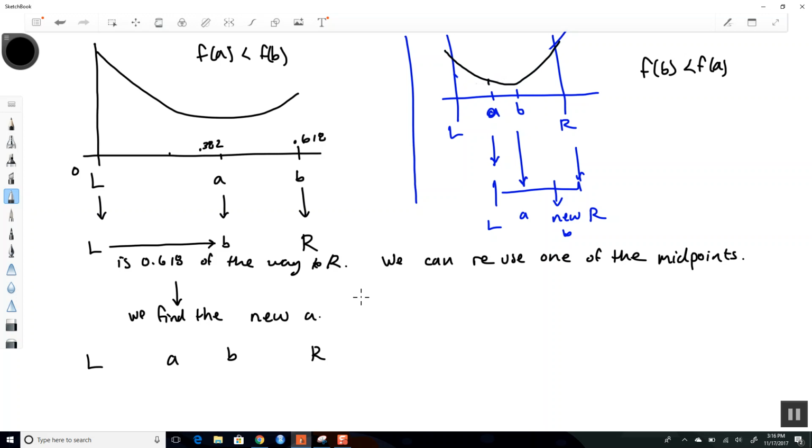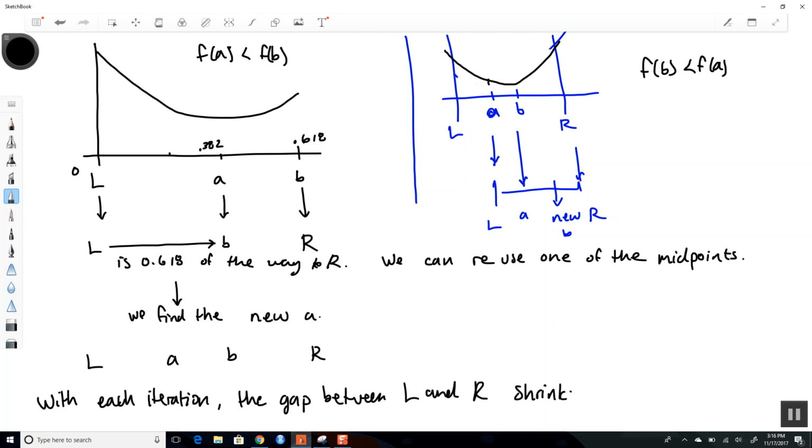And then with each iteration, the gap between L and R shrinks by about 38%, and we continue to iterate until the gap between L and R is below our tolerance level.